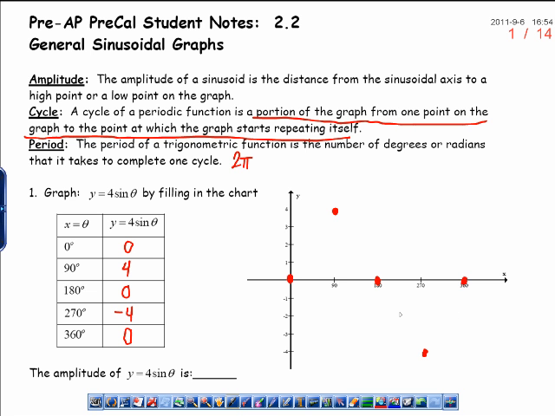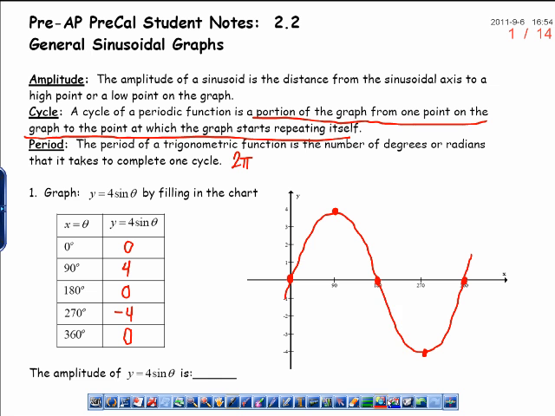So if you weren't quite sure the pattern was going to start repeating itself at this point, hopefully it's a little bit clearer now. This looks like what we did when we had spaghetti trig. And if you put a little curve into it, you can see that this is one cycle.